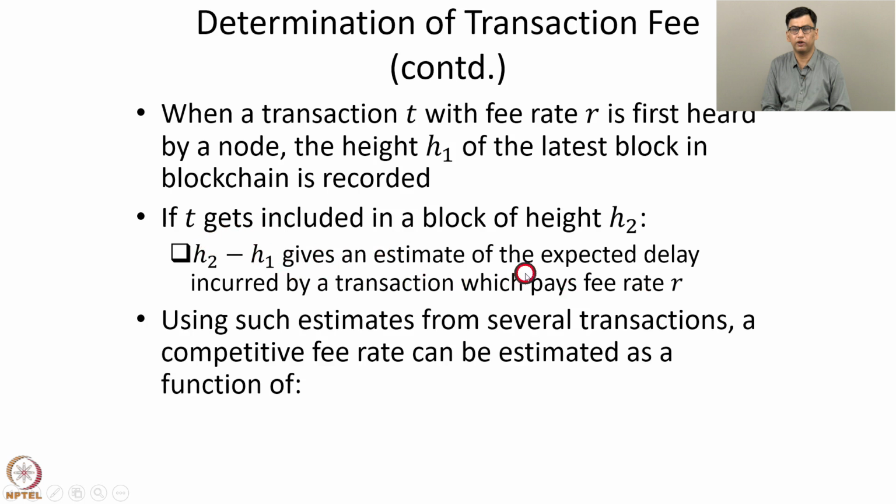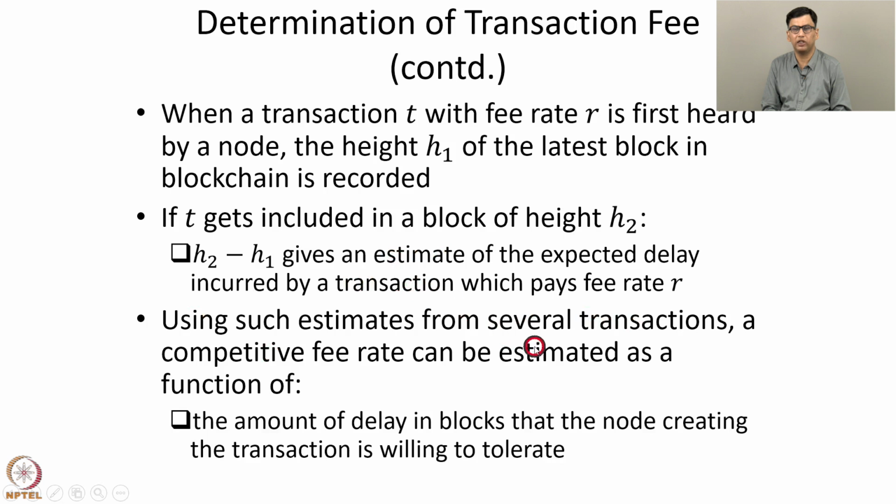Using such estimates from several transactions, a competitive fee rate can be estimated as a function of the amount of delay in blocks that the node creating the transaction is willing to tolerate. For example, the node sees several transactions and the corresponding delays of those transactions.